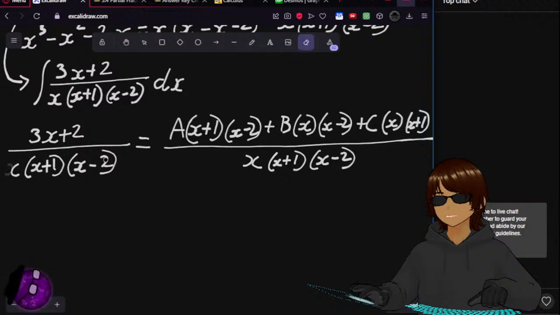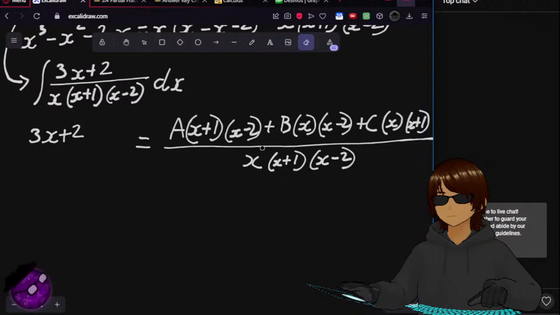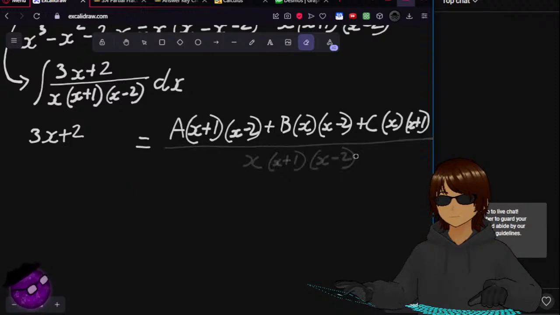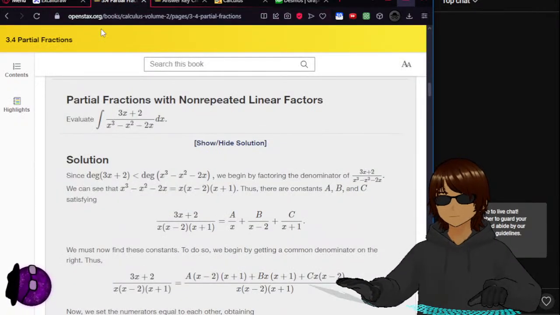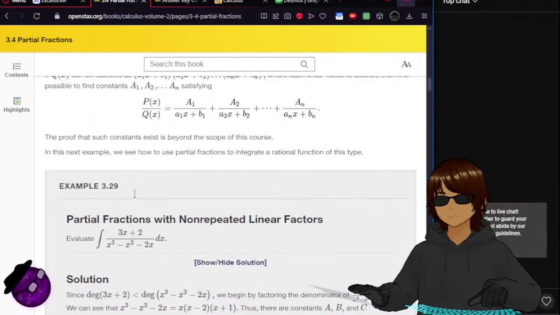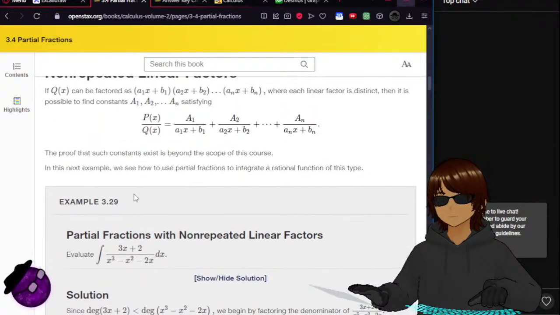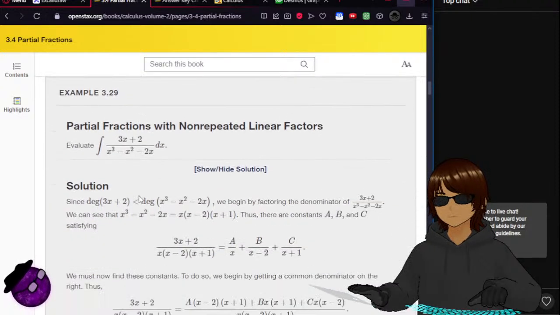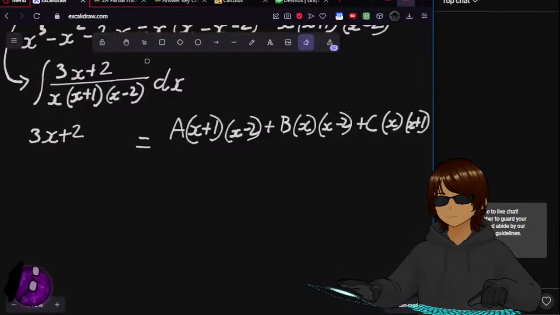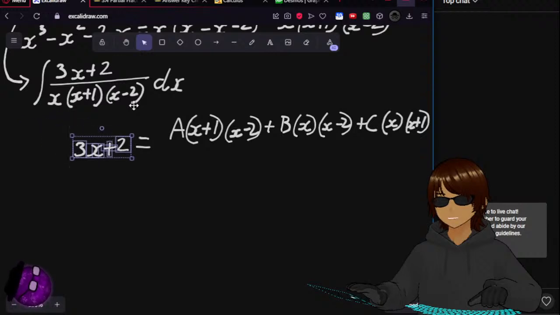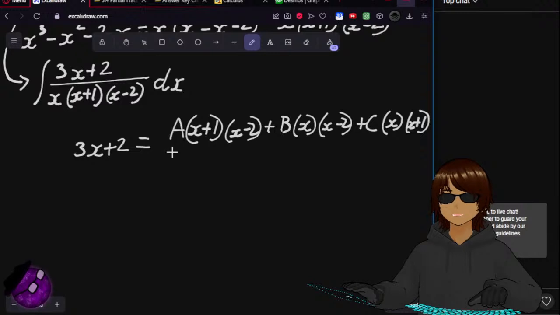Guess we don't need the denominator. So how do we find? Let's see.